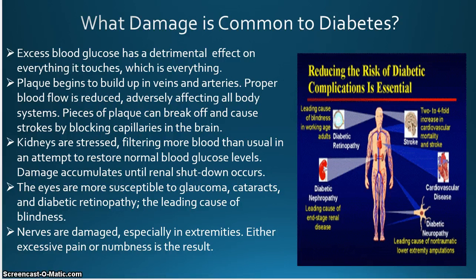Nerves are damaged. Again, things are not getting fed properly because the glucose is not coming out of the blood. So with the damaged nerves, people either experience excessive pain for seemingly no reason or numbness.